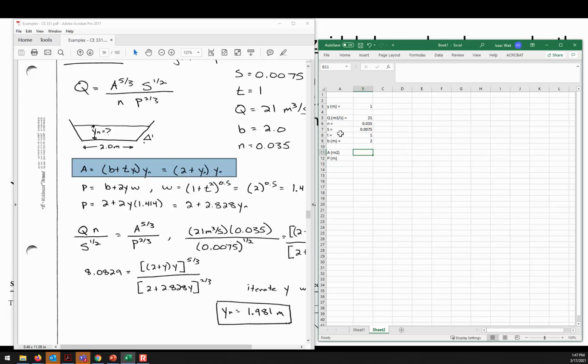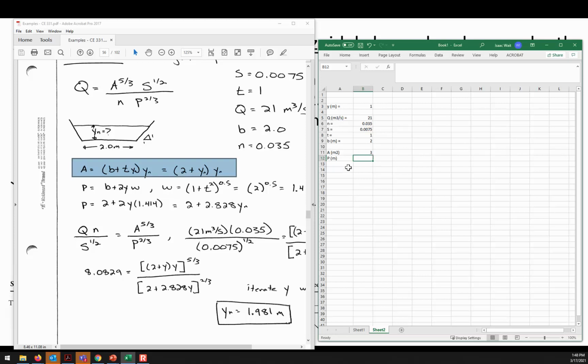Okay, so now our expression for area is going to be the bottom width plus t times the depth guess, and then all of that is times the depth guess. So if it is 1 meter in depth, then the area would be 3.